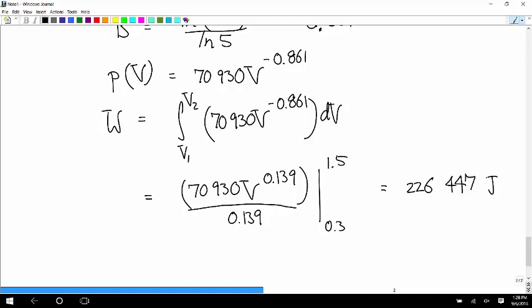Does the sign of W match what we expected? Yeah, the gas is expanding. Any other questions about that one?